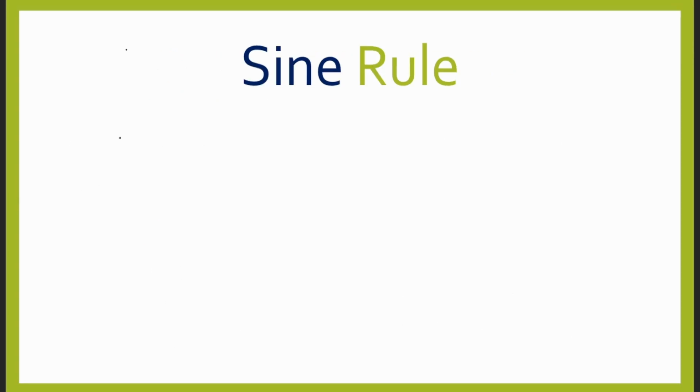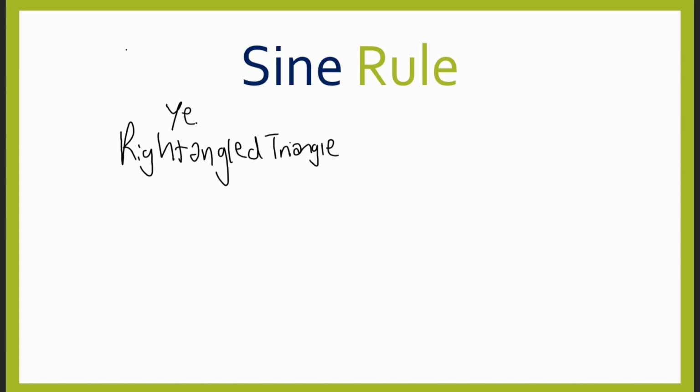So, a right angled triangle: if you have a right angled triangle, you're going to be using either SOHCAHTOA, or you're going to be using a squared plus b squared equals c squared, which is the Pythagorean theorem.